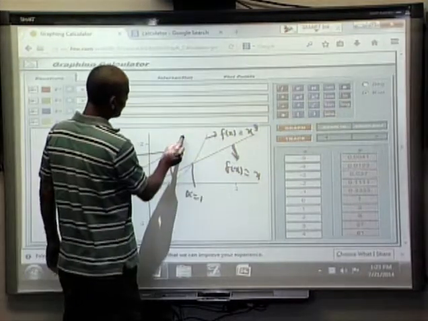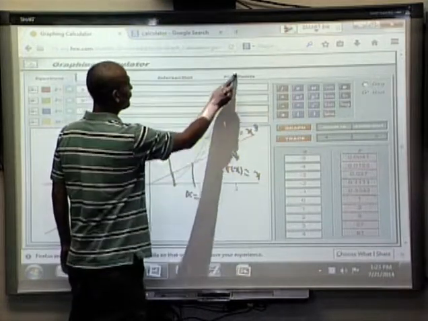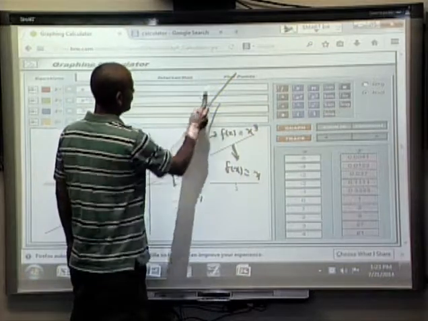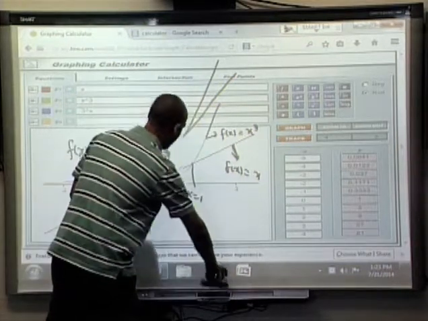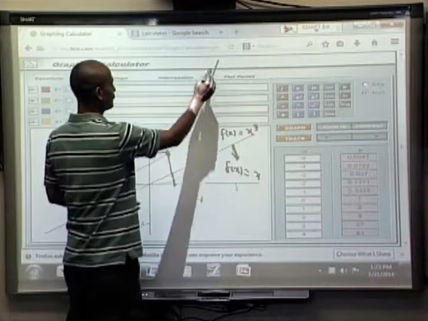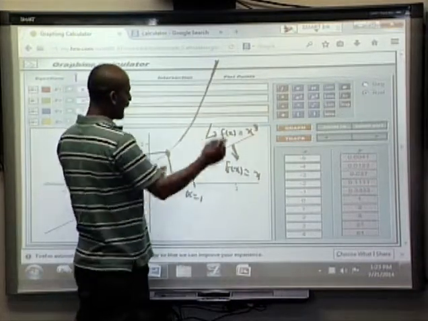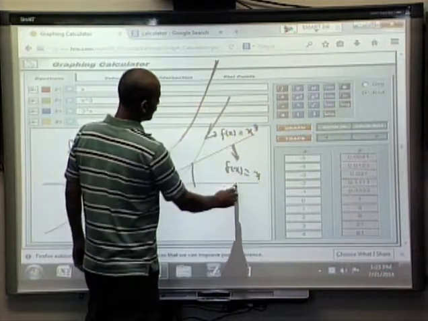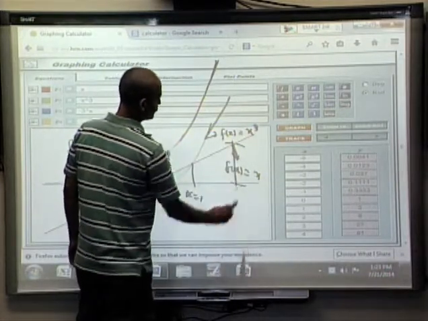We can notice this characteristic even more if we take a larger value for x. For example, if we zoom out and take x equal to 2, the linear function is only up to here.